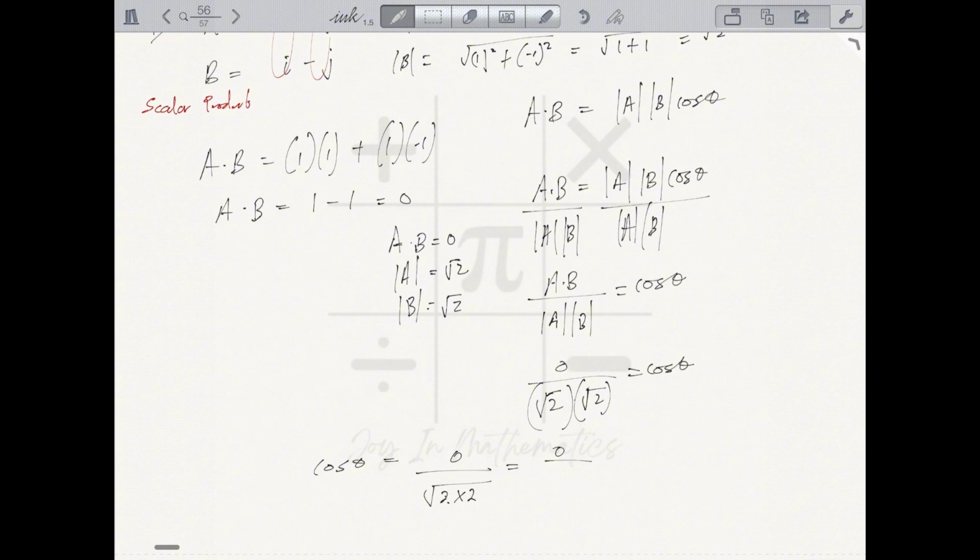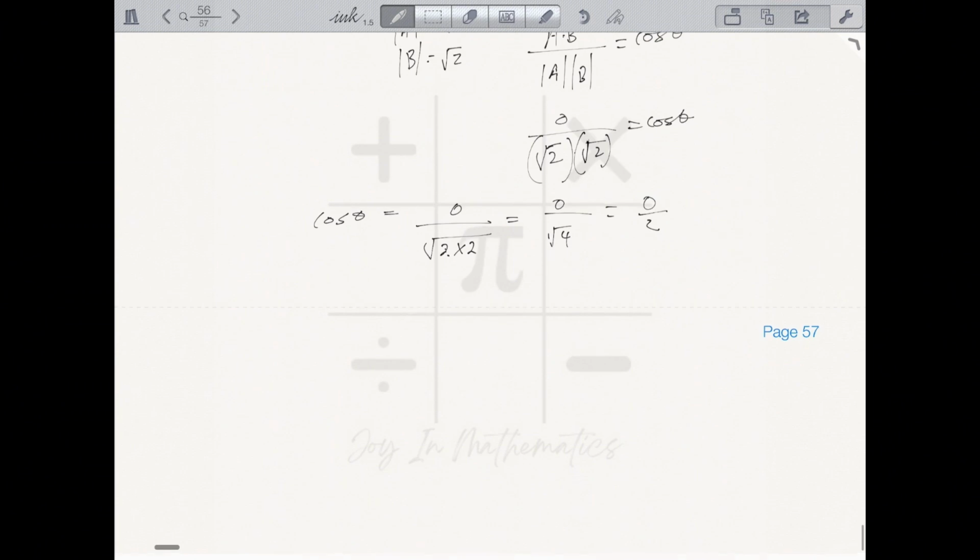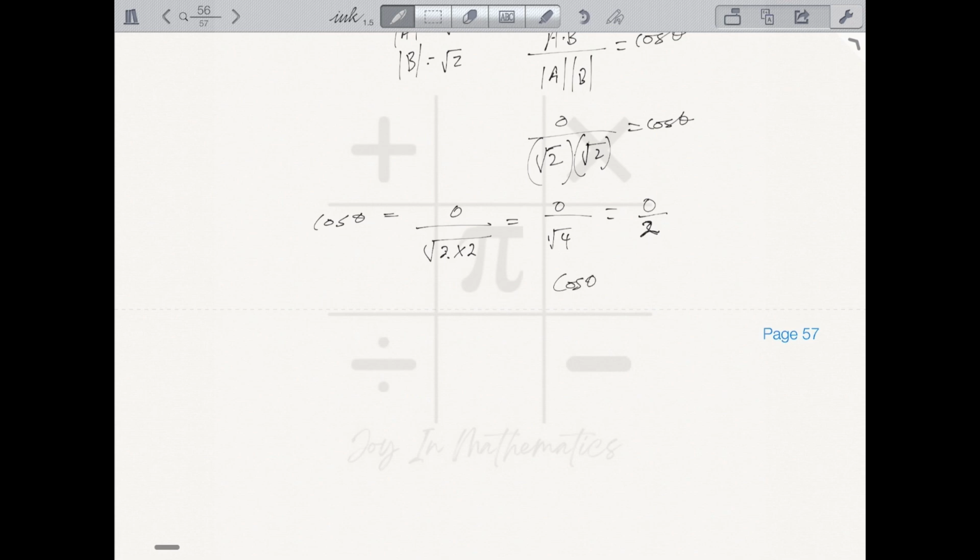That's 0 divided by root 4, which is 0 divided by 2, which gives us 0. So theta will be inverse cos of 0, and theta is equal to 90 degrees.